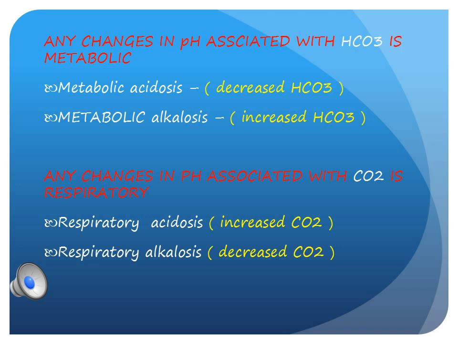So there goes metabolic acidosis and alkalosis for you. And the second one, any changes in pH associated with carbon dioxide is called respiratory acidosis or alkalosis. If CO2 is increased, it's called respiratory acidosis. If CO2 is decreased, it's called respiratory alkalosis.